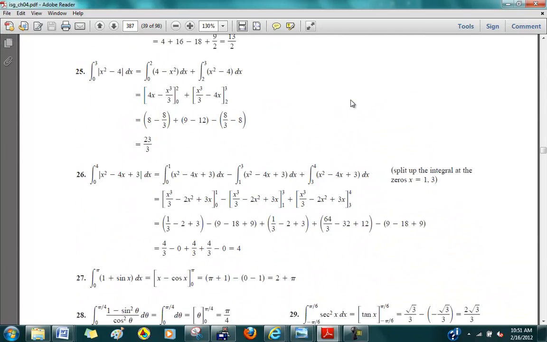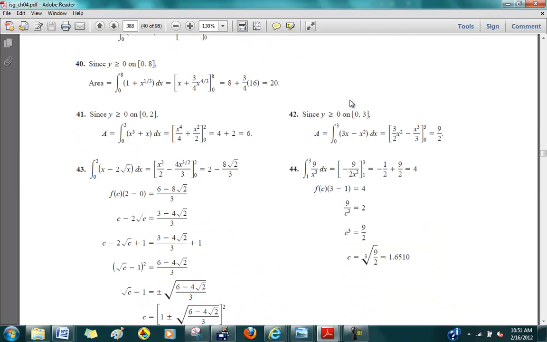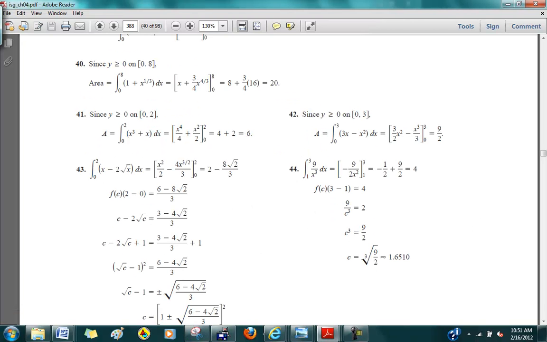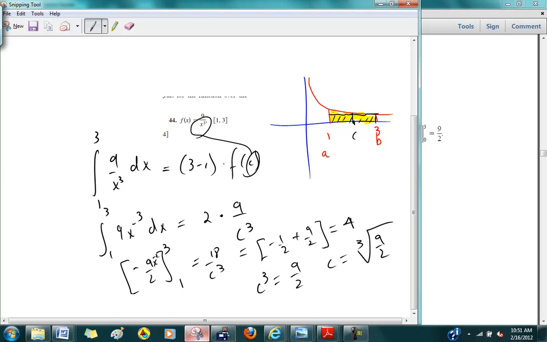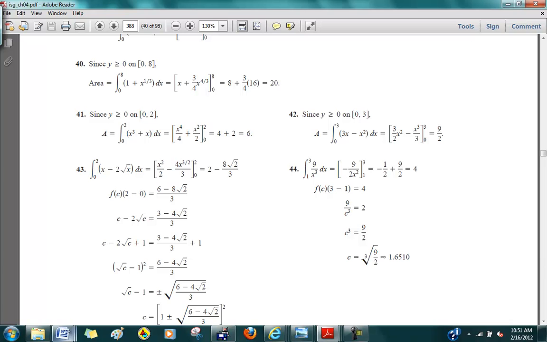So let's take a look at 44. And the answer is the cube root of 9 over 2, which is 1.6510. All right, so that's the mean value theorem. I have cube root of 9 over 2, and so does the book. So that's the mean value theorem for integrals.